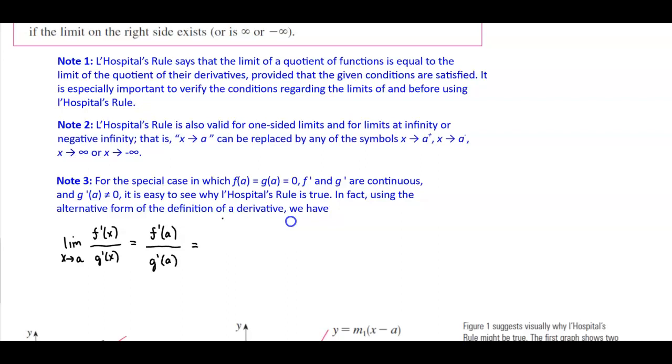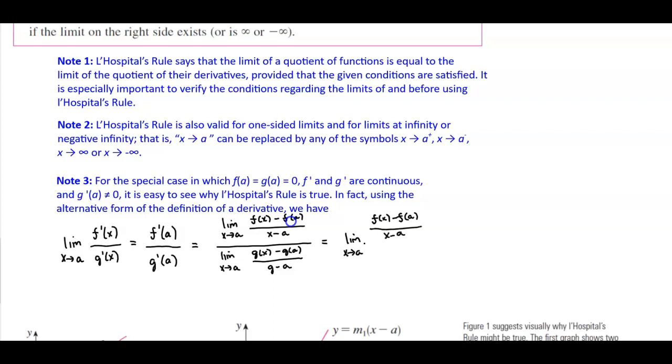Okay, which means that by the definition, if we want to find the limit as x approaches a, then we have f of x minus f of a over x minus a divided by the limit as x approaches a of g of x minus g of a over x minus a, which then equals the limit as x approaches a of f of x minus f of a over x minus a divided by g of x minus g of a over x minus a.